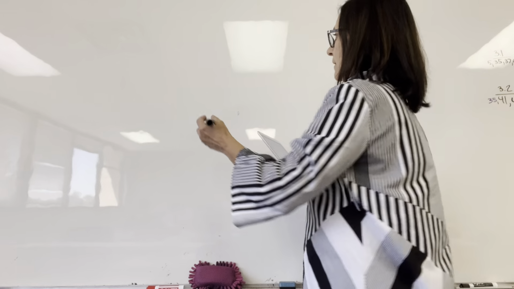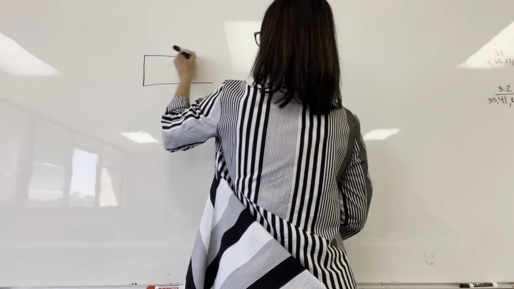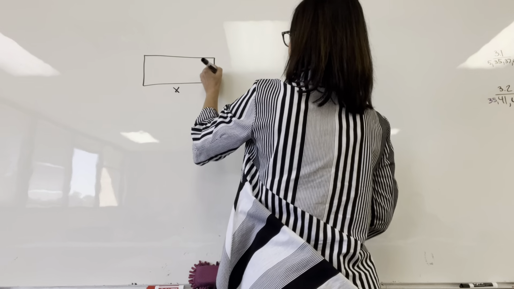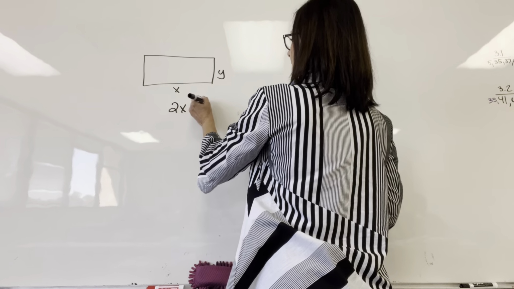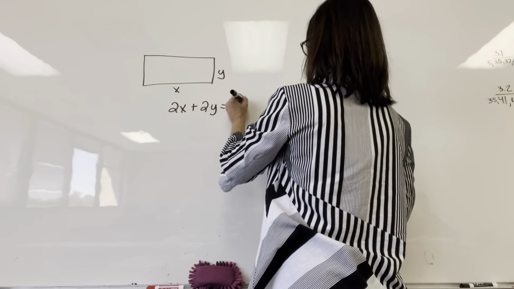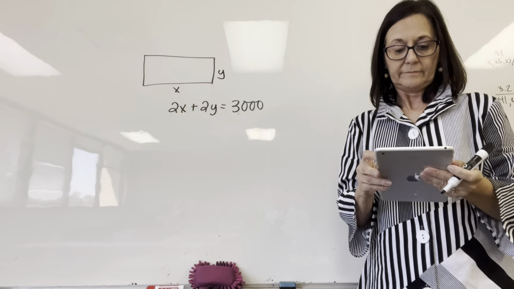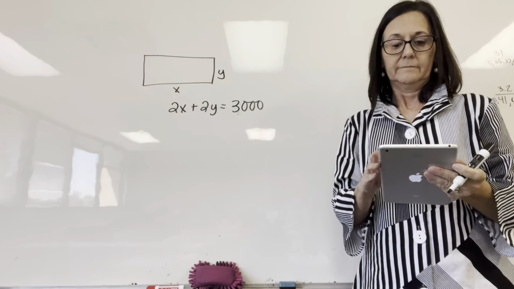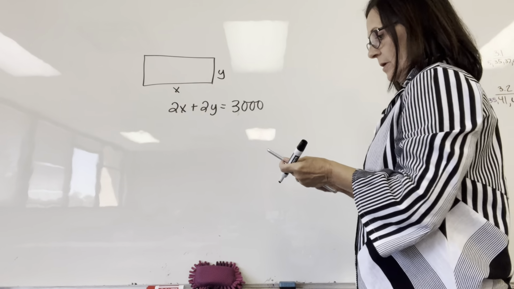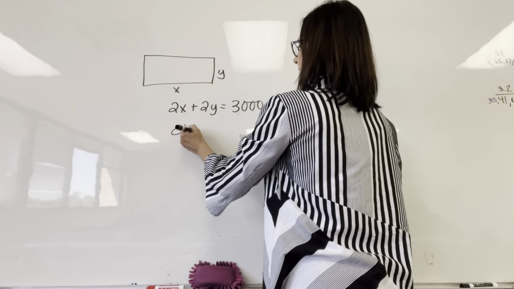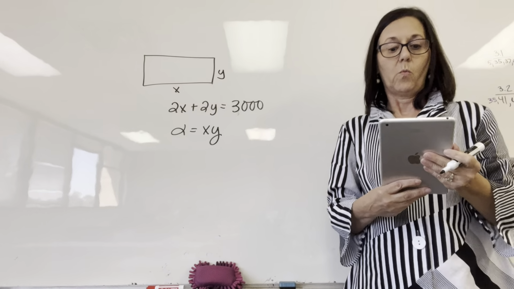If we draw the rectangle and make the sides x and y, then 2x plus 2y has got to equal 3,000. And the area is going to equal x times y.